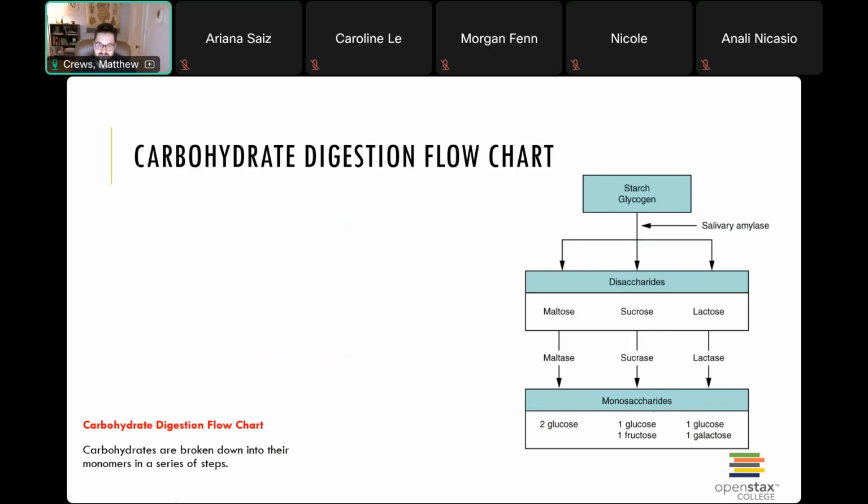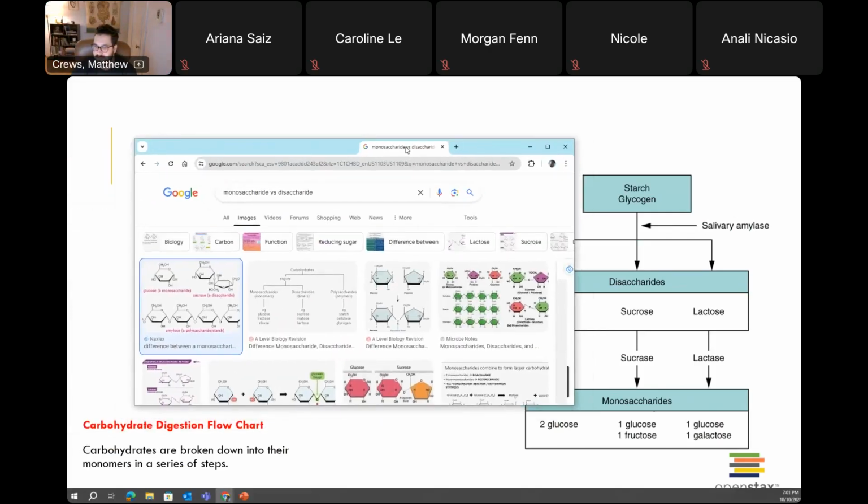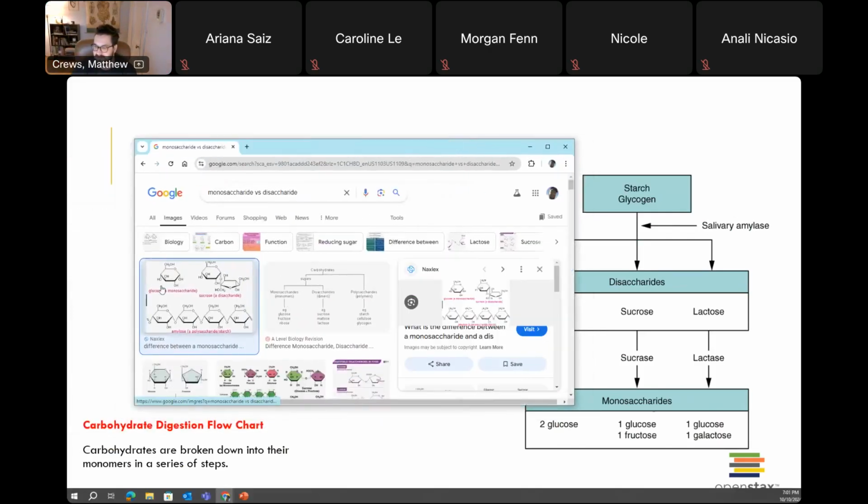So disaccharide versus monosaccharide. I don't know how much you guys have learned about this. I would hope so, maybe in biology or something like that. But let's see if I can find a picture. So this is a sugar. Like say this is a glucose.